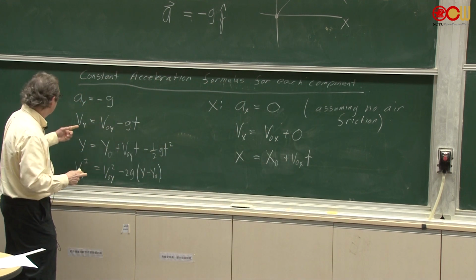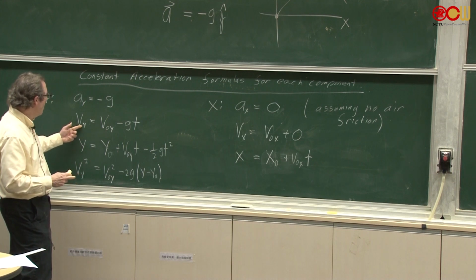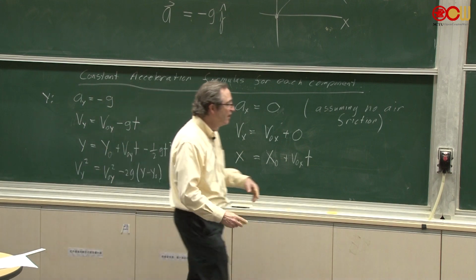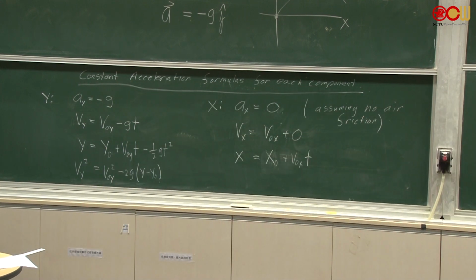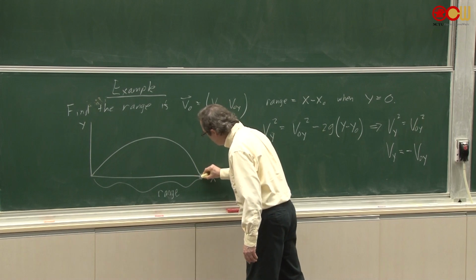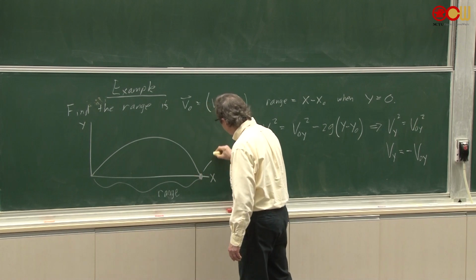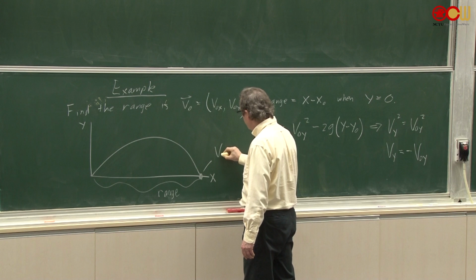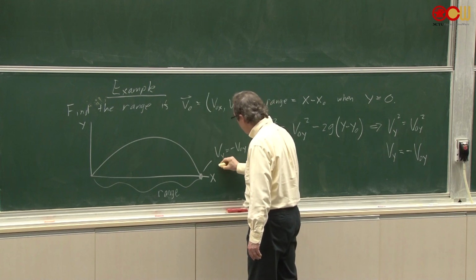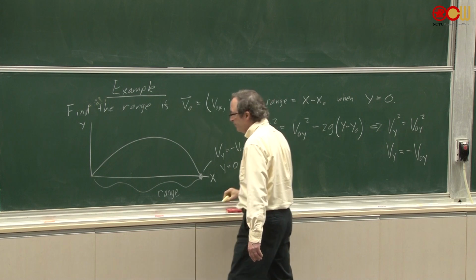But we've just learned that the final velocity y is the same as this, but negative. So it looks like we can get t right away. If we look at this point here, that's a very important point, we know that vy equals minus v0y, and y equals 0 there.